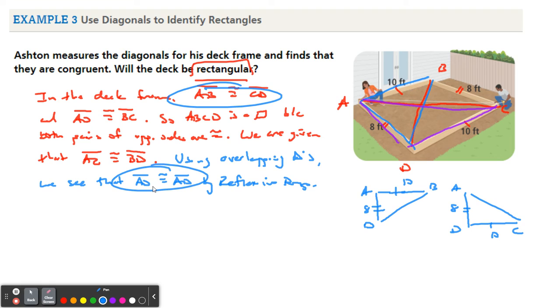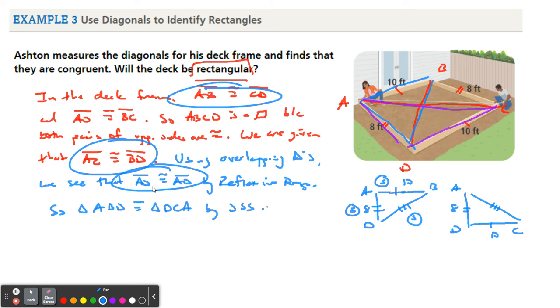So now we have the reflexive property. That's our second pair of sides. So one pair of sides, two pairs of sides, and we were given that the diagonals are congruent. That's your third pair of sides. So these two overlapping triangles are congruent by side, side, side. So triangle ABD is congruent to triangle DCA by side, side, side.